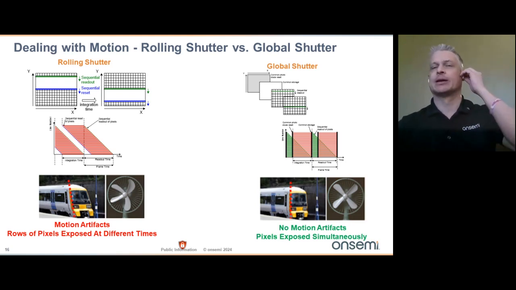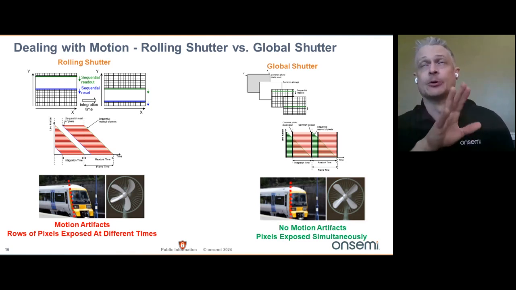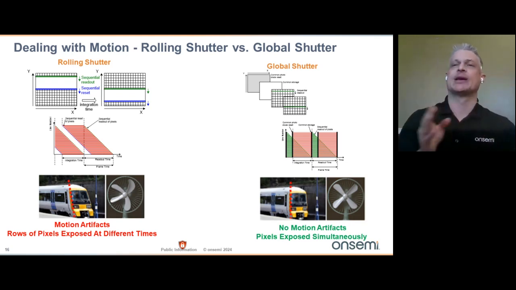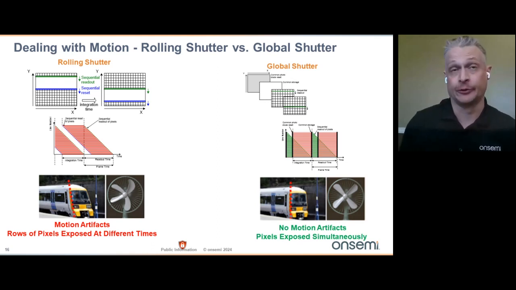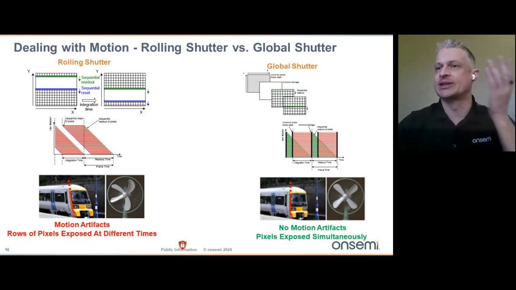Global shutter is a little bit different. The readout structure may be the same in the sense that you're sequentially reading out rows, but the exposure for all of the pixels happens simultaneously. So there needs to be what we call a storage node that sits next to the photodiode itself and can store that charge until the pixel can be read out. The result is that you get no or limited motion artifacts, and all your pixels are exposed simultaneously.